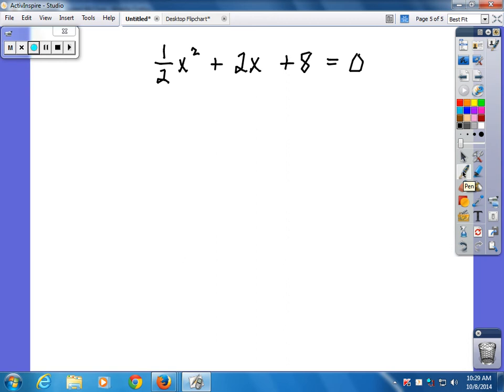All right, start you off. 1/2 x squared plus 2x plus blank is equal to -8 plus blank. Factor out 1/2.